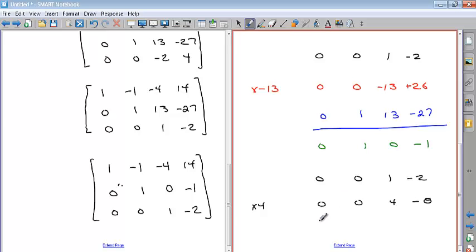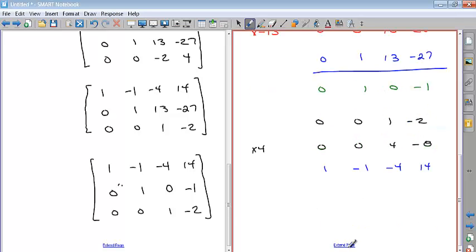And then I'm going to put in the original first row, which is 1, negative 4, 14. I add those two together. I get 1, negative 1, 0, positive 6.